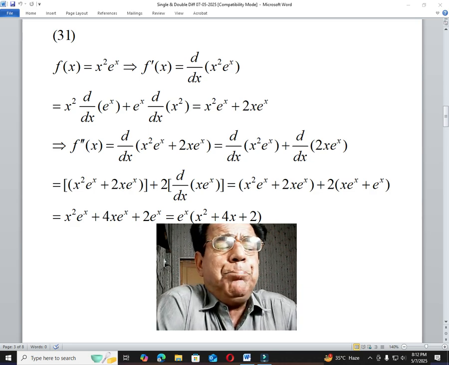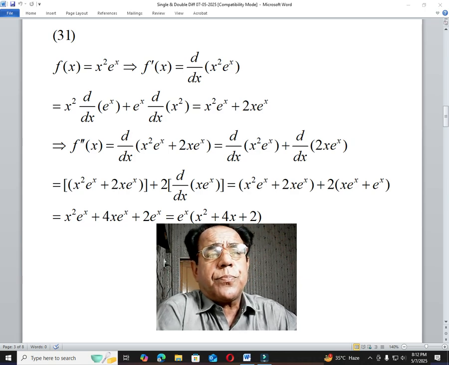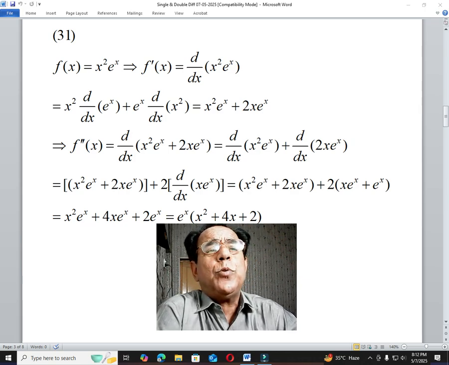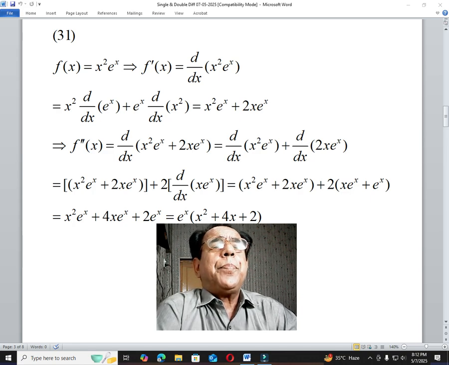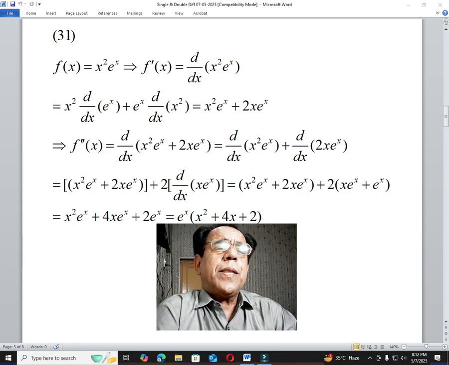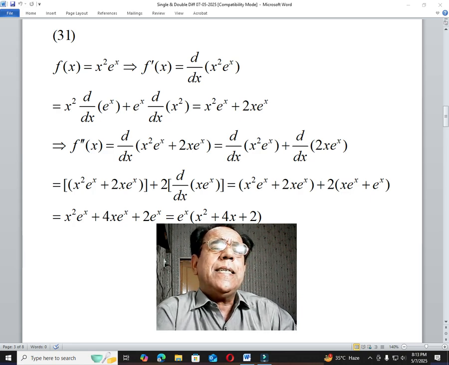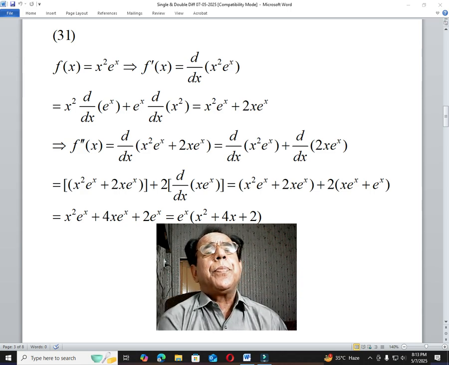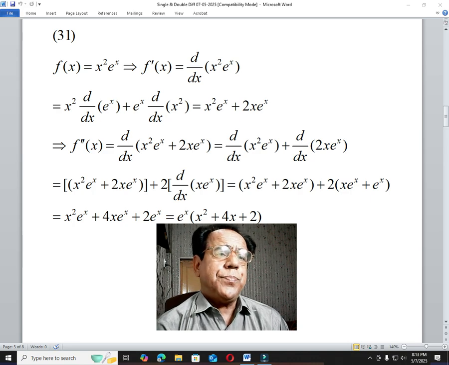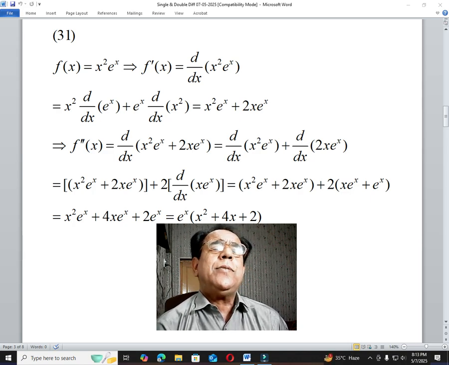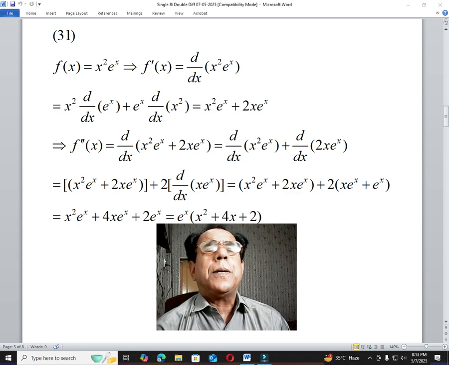Dear students, we know that the derivative of any exponential function is, at first stage, the whole of the exponential function itself, and then in the second step, the power of e other than simple x is to be differentiated with respect to x.